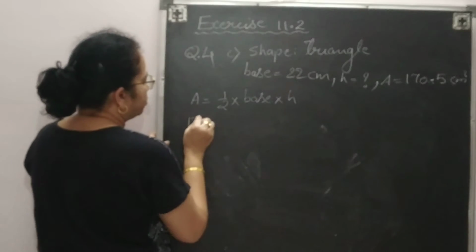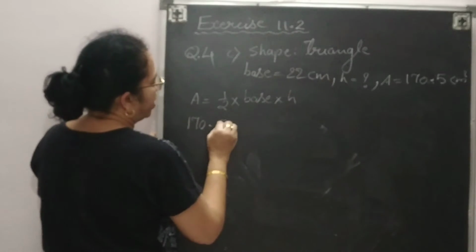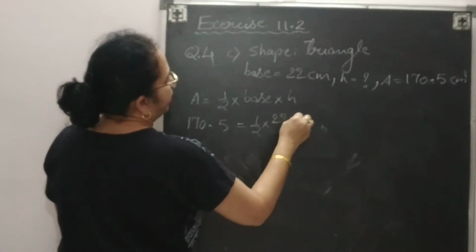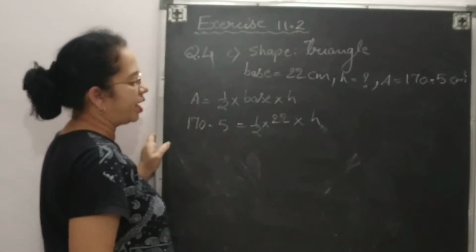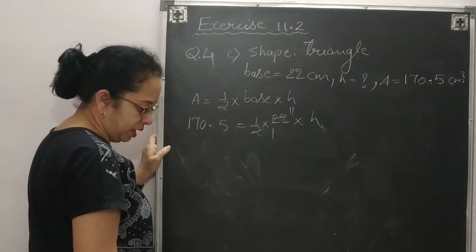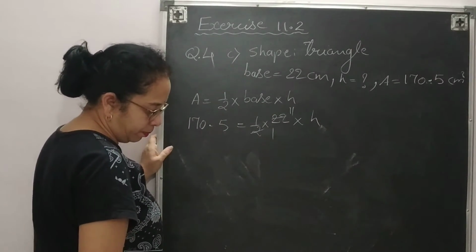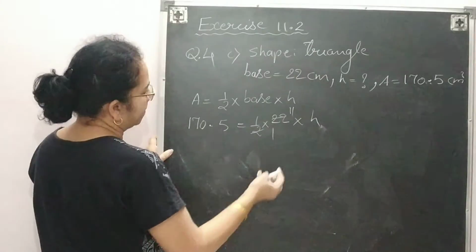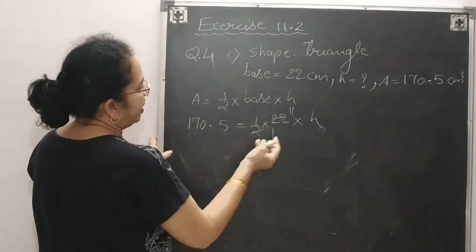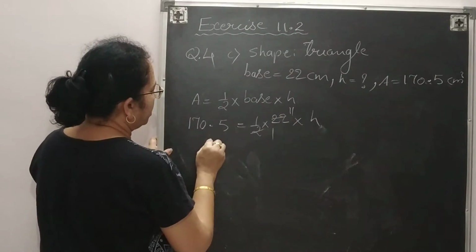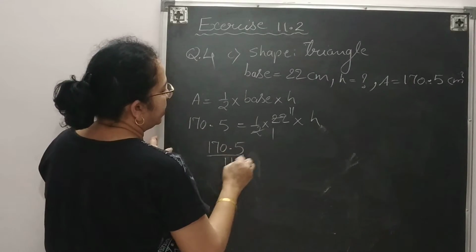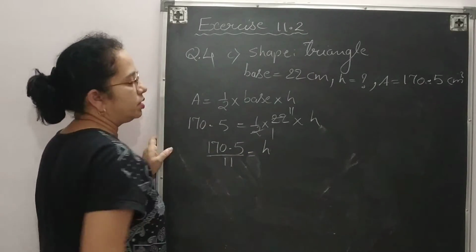Substitute the values. 170.5 is equal to half. Base is given 22 and height you are supposed to find. So you can cut the numbers here. So this will become 11. And next step, you can transfer this 11 here. 170.5 divided by 11 is equal to h.